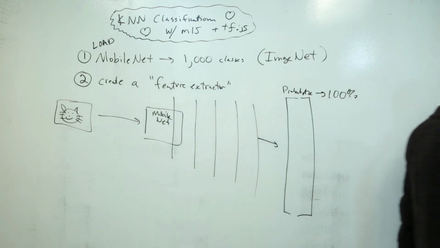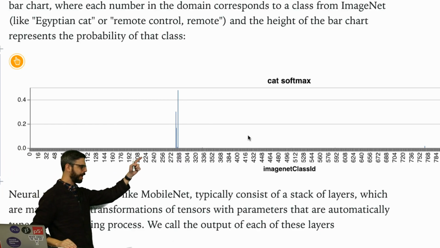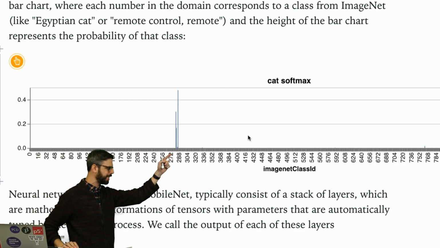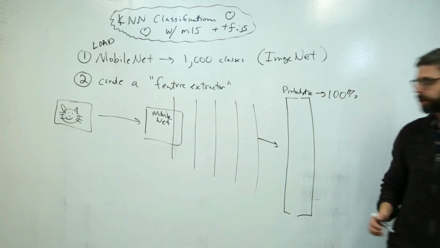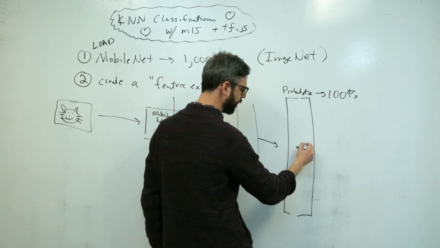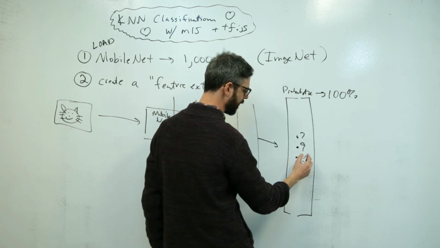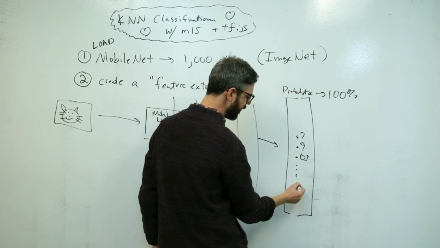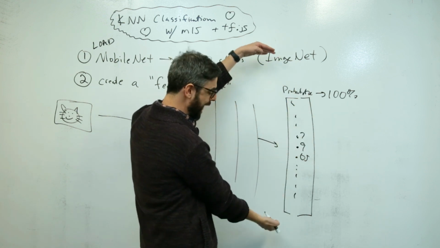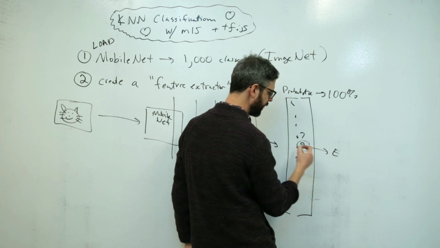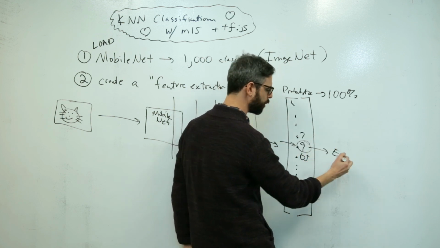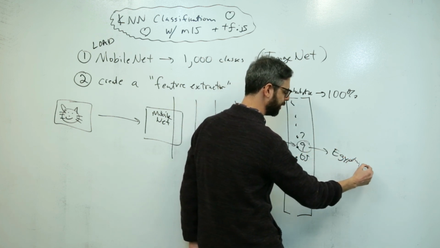If you look at that here, that's what we're seeing. And we're seeing all the way over here, these classes have a very high probability. So somewhere in here, we're getting a number like 0.9, maybe 0.7, maybe 0.05, and all sorts of other numbers that add up to 100, and 0.9 is probably the number that corresponds to the probability of it being an Egyptian cat.